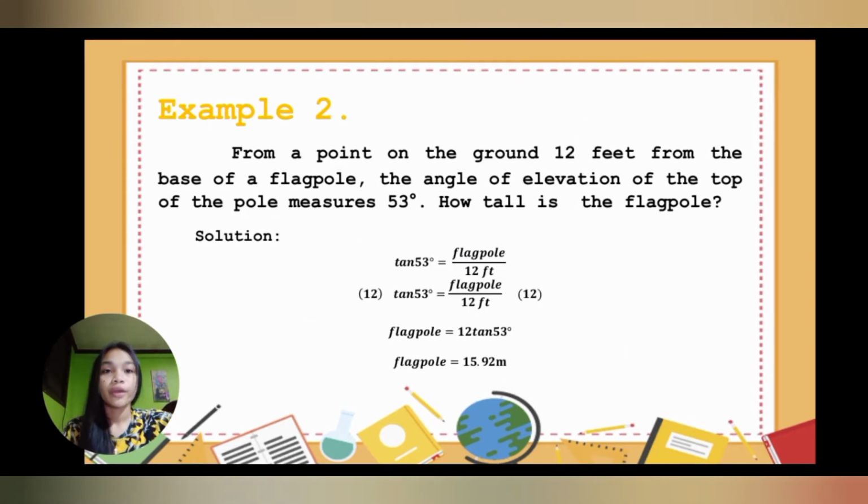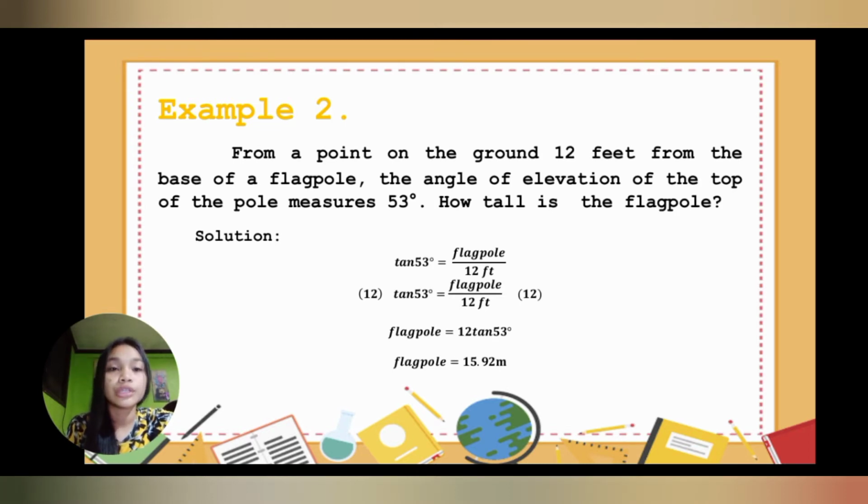Another example: from a point on the ground 12 feet from the base of the flagpole, the angle of elevation of the top of the pole measures 50 degrees. How tall is the flagpole? So now let's find the height of the flagpole. This is our solution. Tan 50 degrees equals the flagpole height divided by our 12 feet from the point on the ground.